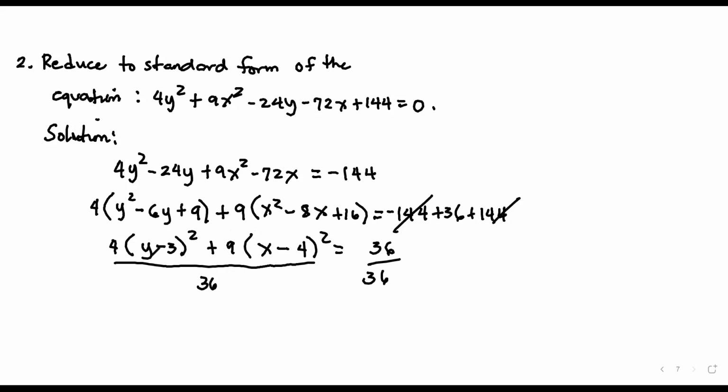So, when we simplify this, we will have the square of y minus 3 over 9, ang 4 over 36 is 1 over 9, plus the square of x minus 4 over 4, since 9 over 36 is 1/4, equals 36 divided by 36, that is equal to 1. So this is now the standard form: the square of y minus 3 over 9 plus the square of x minus 4 over 4 equals 1.